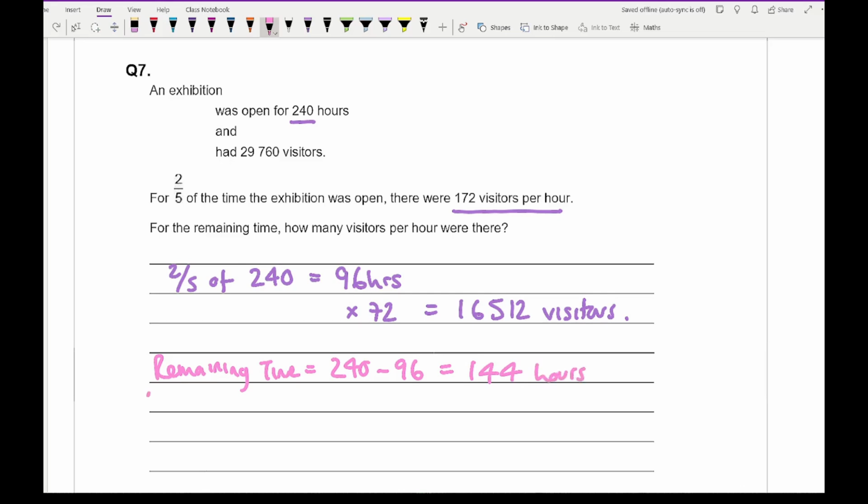I've then got to work out the remaining visitors, which is going to be 29,760 minus 16,512. So let's just quickly type that in.